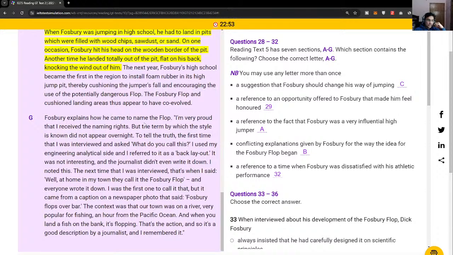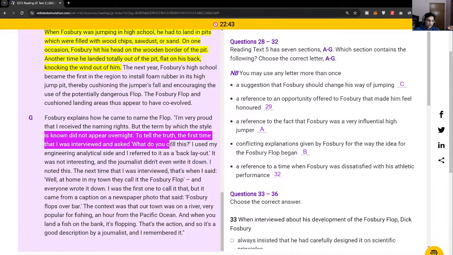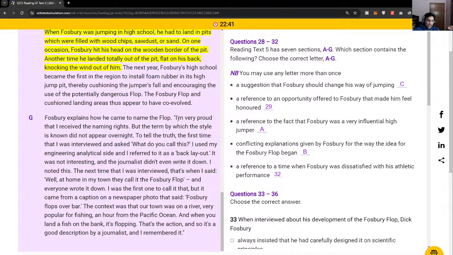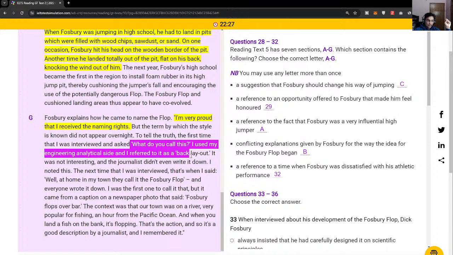Fosbury explains how he came to name the flop. "I'm very proud that I received the naming rights, but the term by which it is known did not appear overnight. To tell the truth, the first time that I was asked, what do you call this, I used my engineering and referred to it as back layout.